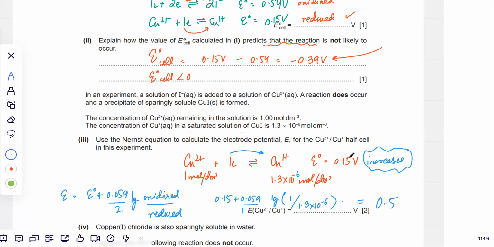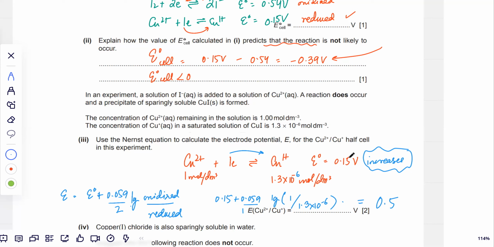So the thing is that if you change the concentration, why is the reaction happening? I mean, we previously suggested that the reaction is not going to happen, right? Because the voltage was 0.15, right? But if it becomes 0.5, then the potential is drifting towards the positive side now. 0.5 minus 0.54 is very less negative, right? And even the iodine in reality is going to vary because iodine is sparingly soluble.